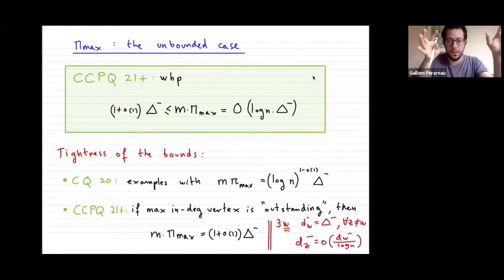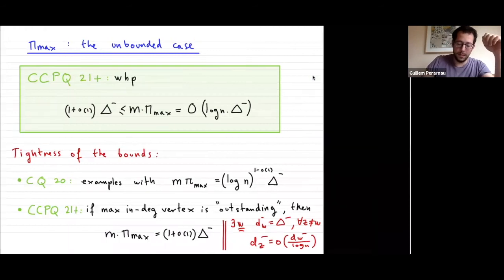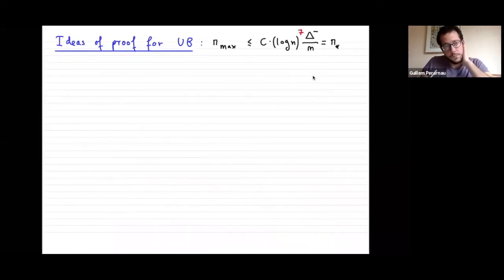I'm not going to go into this because I would need to introduce too many things. But I will talk a bit about the upper bound, because the proof is more self-contained. I will try to give some ideas for the proof, because I cannot spend too much time on this.